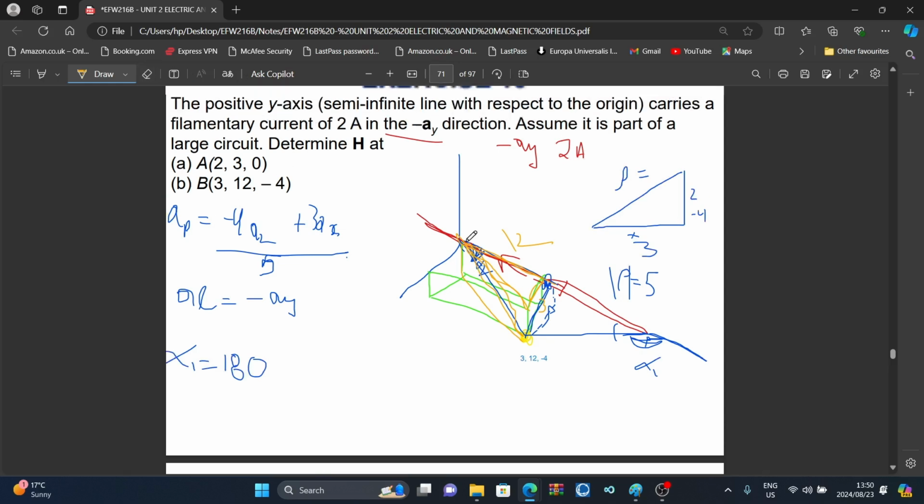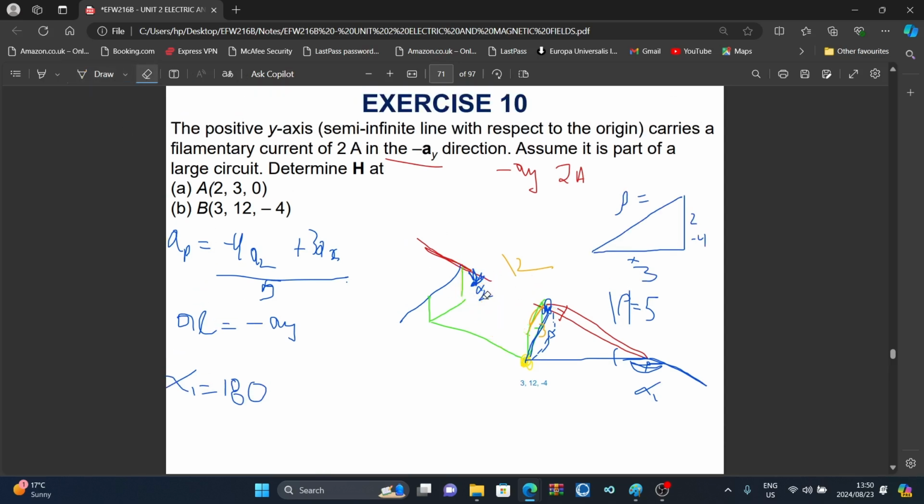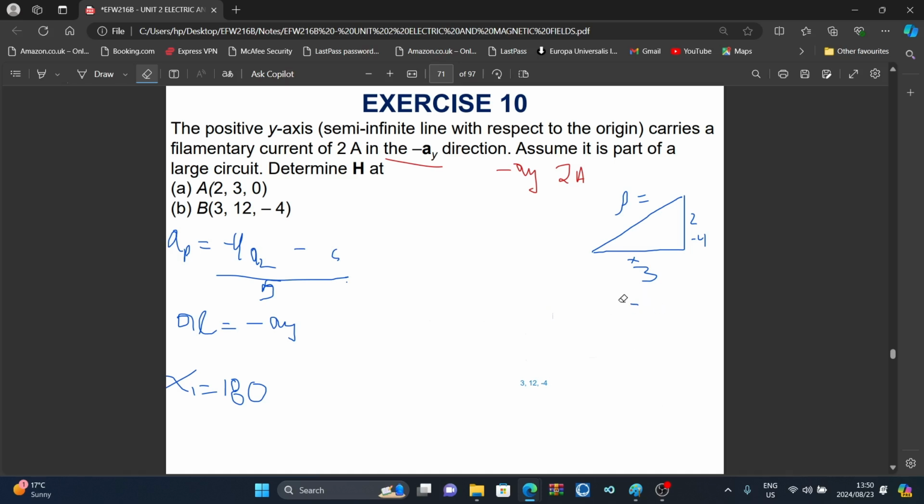Let me redraw it, I think it's confusing. So now we'll find our alpha 2. Yes, it's alpha 2. So let's draw again.